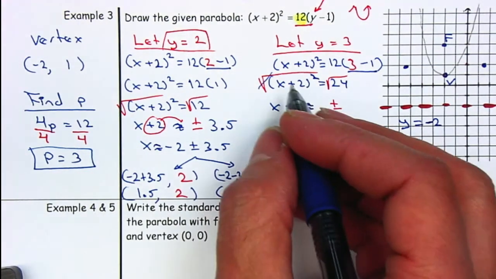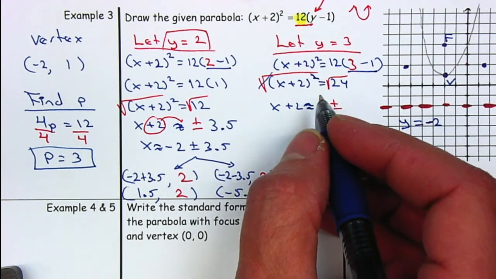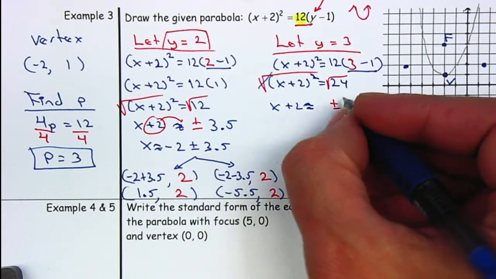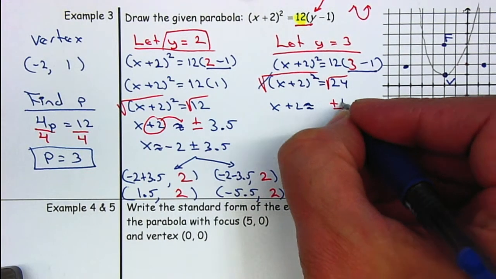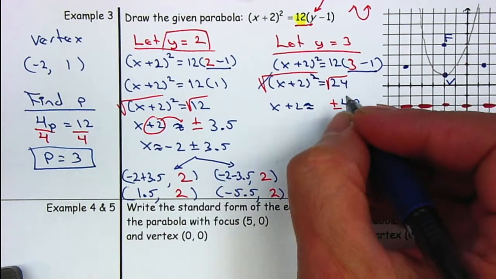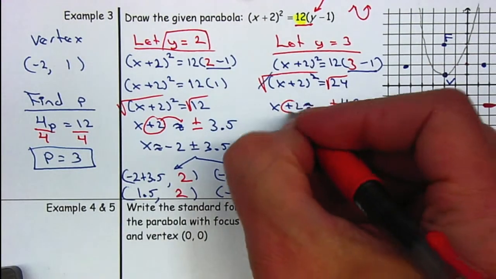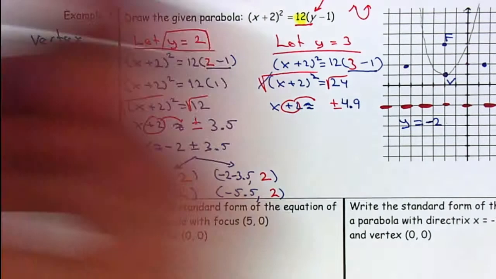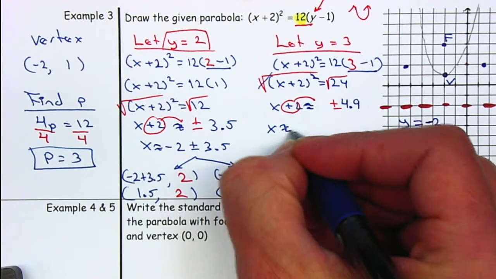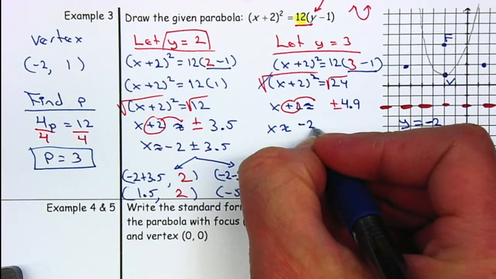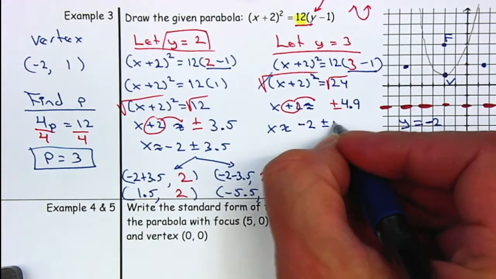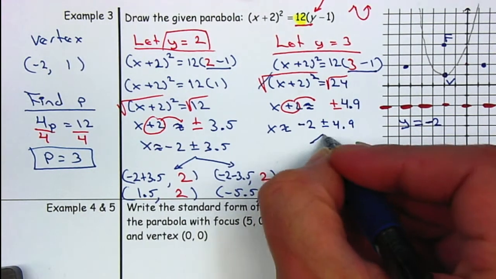The square root of 24 is very close to 25, and the square root of 25 is 5, so this will be 4.9. And the last step is to move my 2 to the right, and it becomes a negative. So I have x is about -2 plus or minus 4.9. And that will give me 2 points.